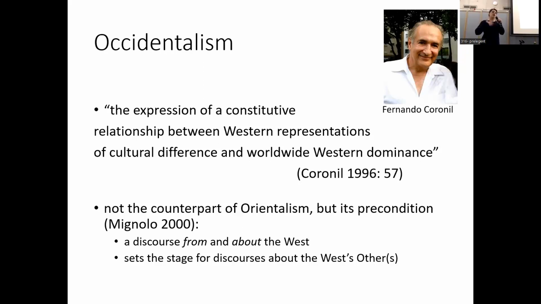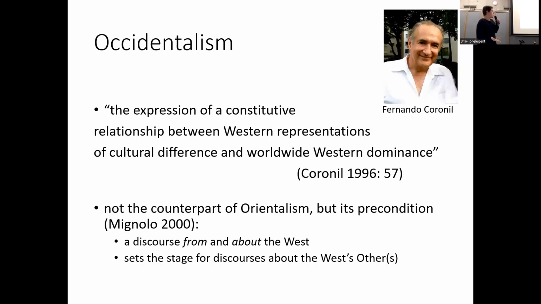Only on the basis of an already formed image of the West that understands itself as superior and as kind of triumphant in an already kind of Western-dominated world, is it possible to devise an image of the other onto which to project the Orient.